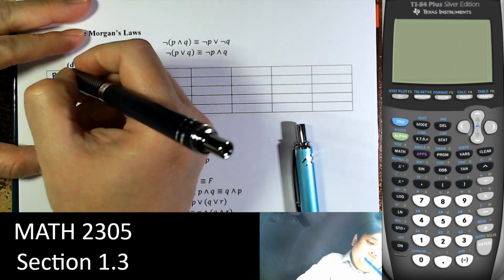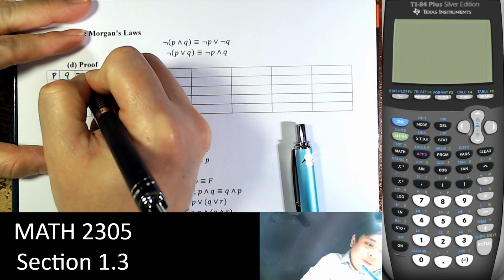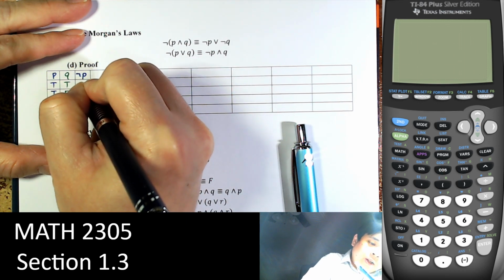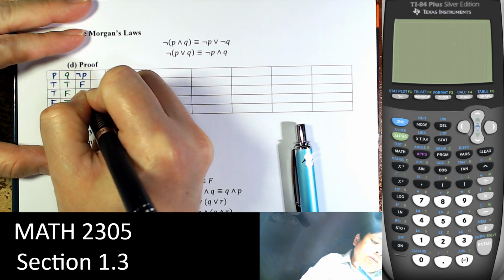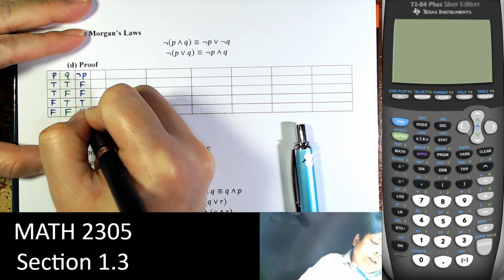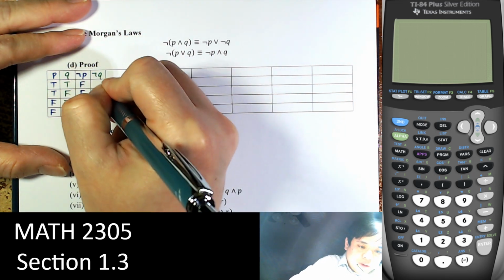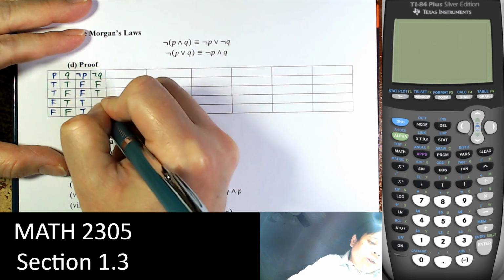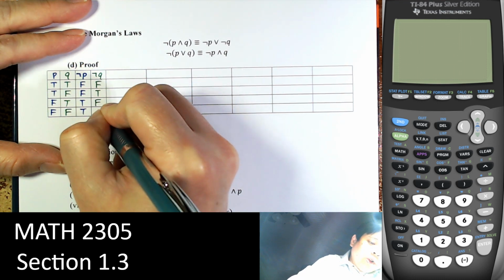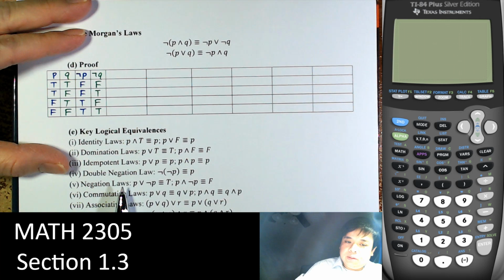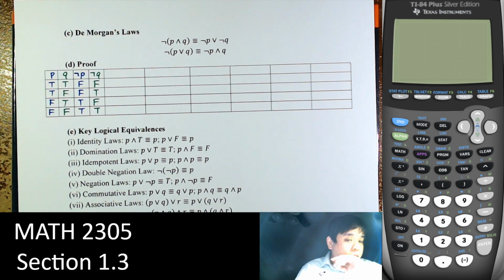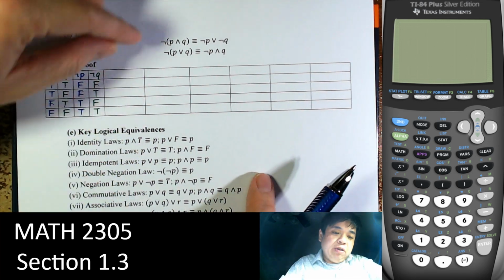And then the negation of both of them. Negation of P: false, true. Negation of Q: false, true. There are quite a few columns here.